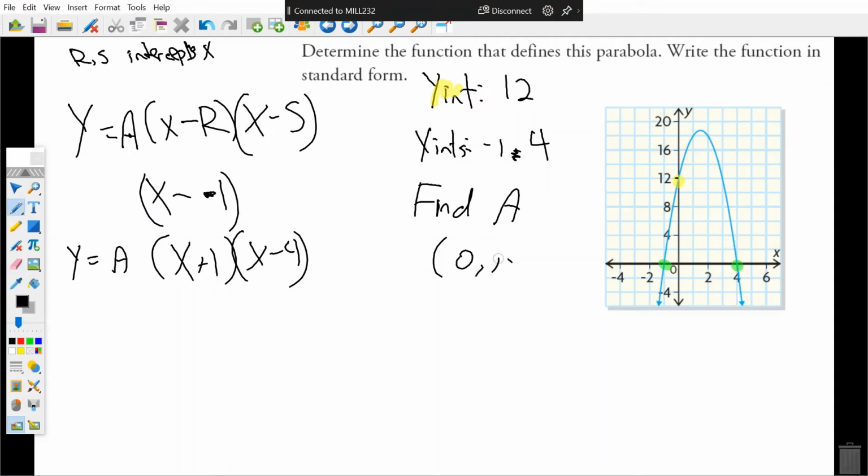0 and 12 is the y-intercept. So now we can put an x in for 0 and a 12 in for y, and then we can solve for a.